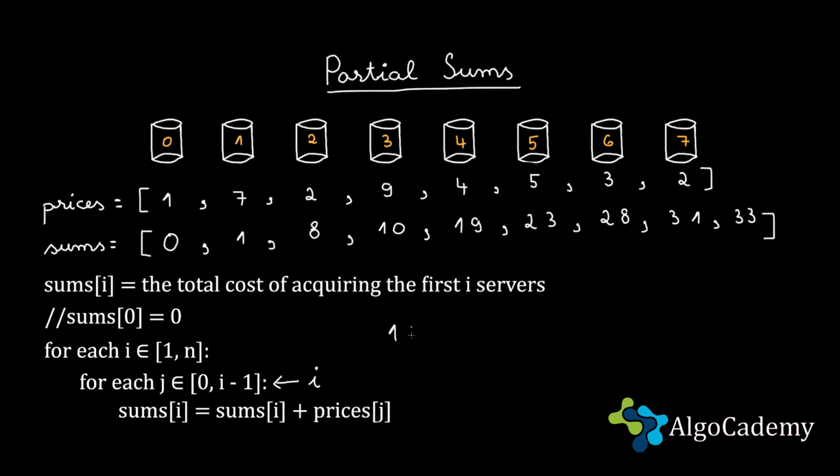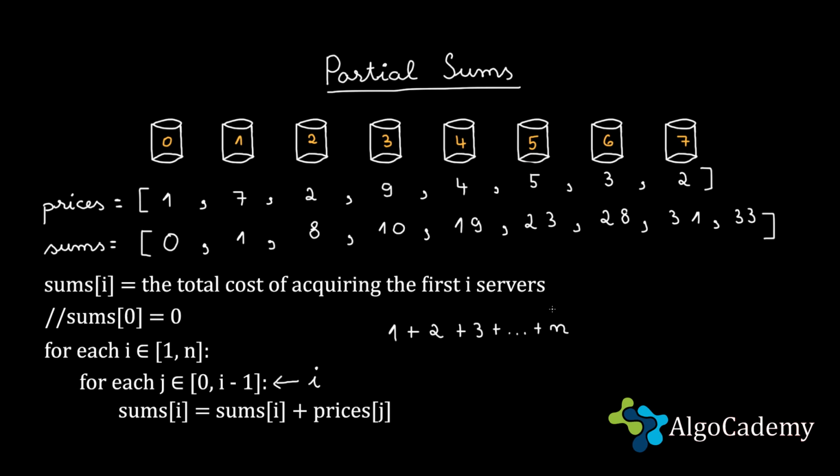So we have here a 1. Plus, the next time we enter the for loop, i equals 2. For each j from 0 to 1, this is a total of 2 operations. Next time we enter with i equals 3, so a total of 3 operations inside the inner loop. And so on and so forth. The last time we enter the first for loop is with i equals n, and we are making a total of n operations, so plus n.